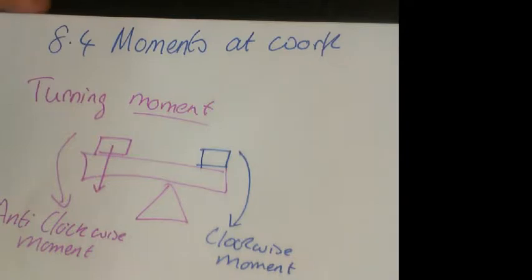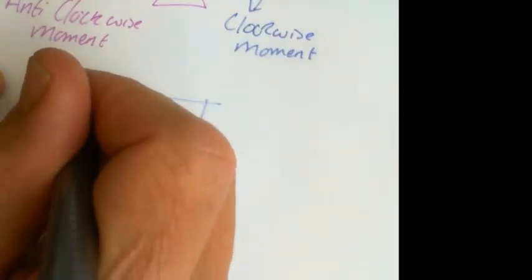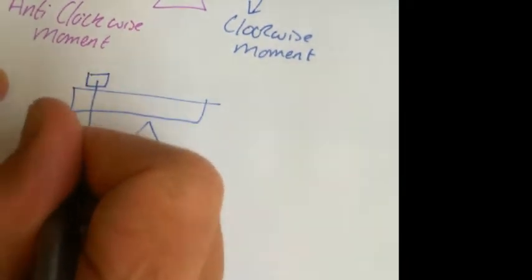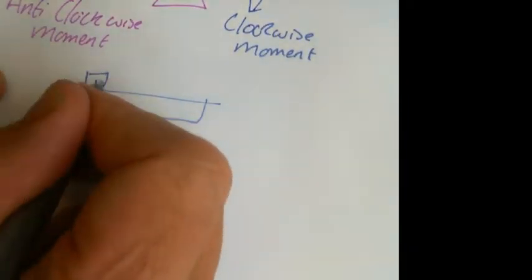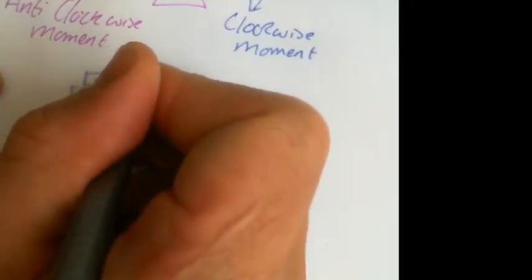And you can work out how big that turning effect is by using the following equation. So that's my force. That from there to there is my distance from the pivot.